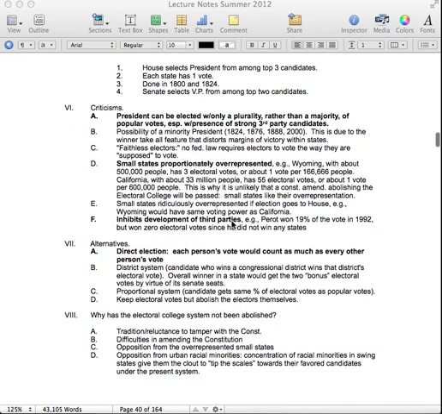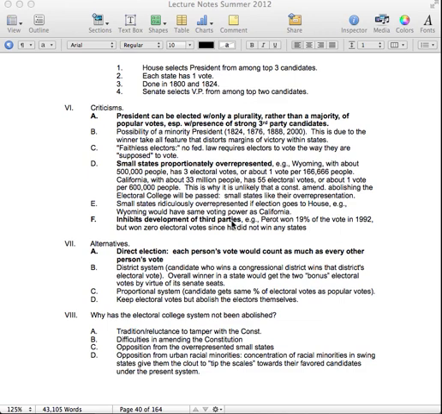Here are some of the criticisms. The president can be elected with only a plurality rather than a majority, which would be 50% of the popular vote, especially with the presence of strong third-party candidates. That means there could have been 4 people receiving votes, with the president getting 26% and everybody else getting like 25%.